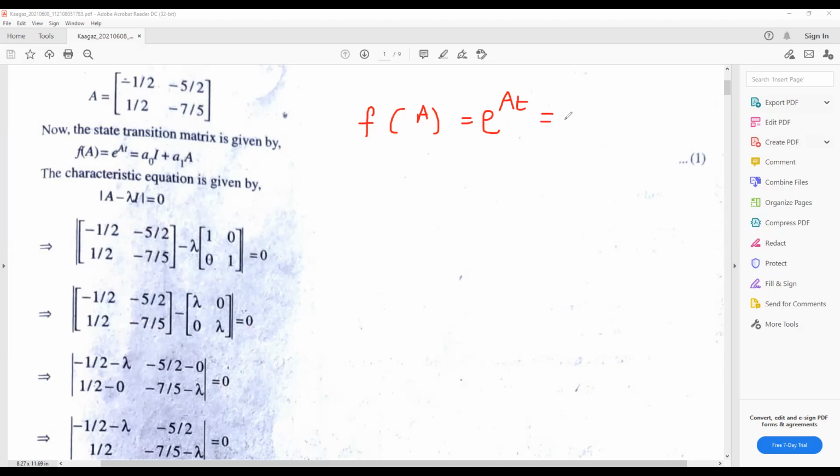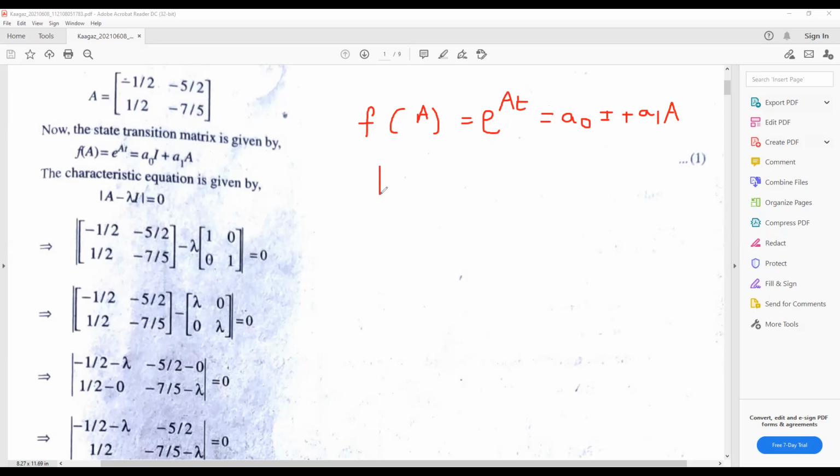It is equal to a naught into I plus a1 into A. First, calculate the characteristic equation.